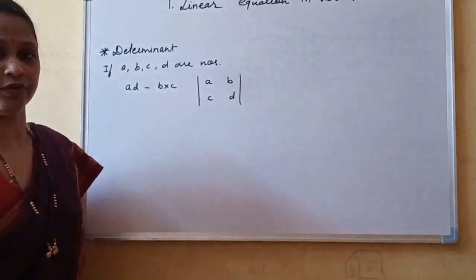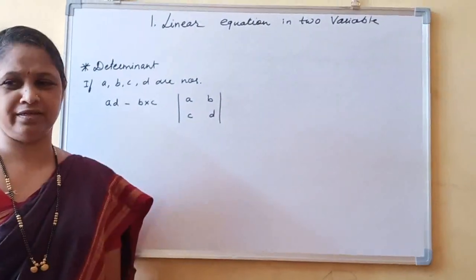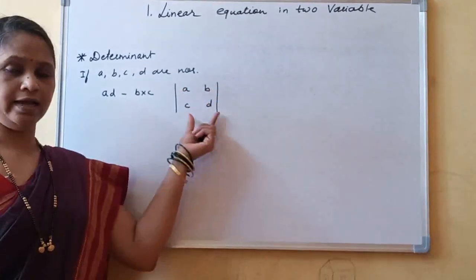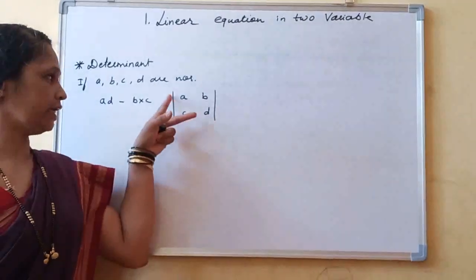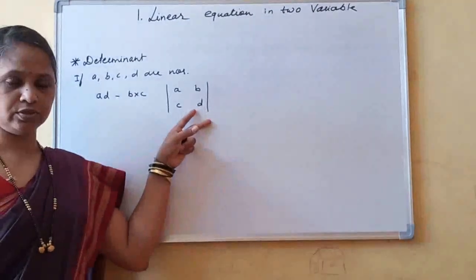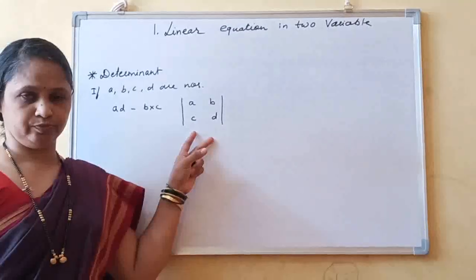This type of representation is called the determinant. Now its two rows AB and CD are the two rows and AC and BD are the two columns. So this determinant is of degree 2.